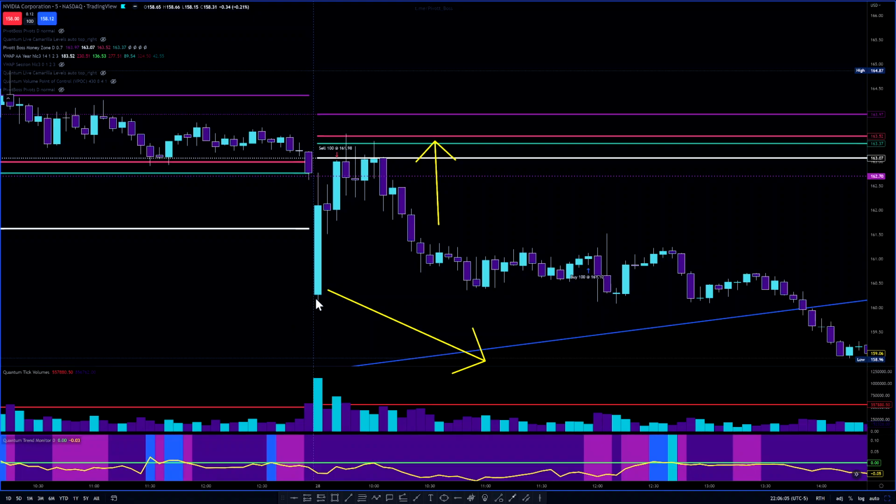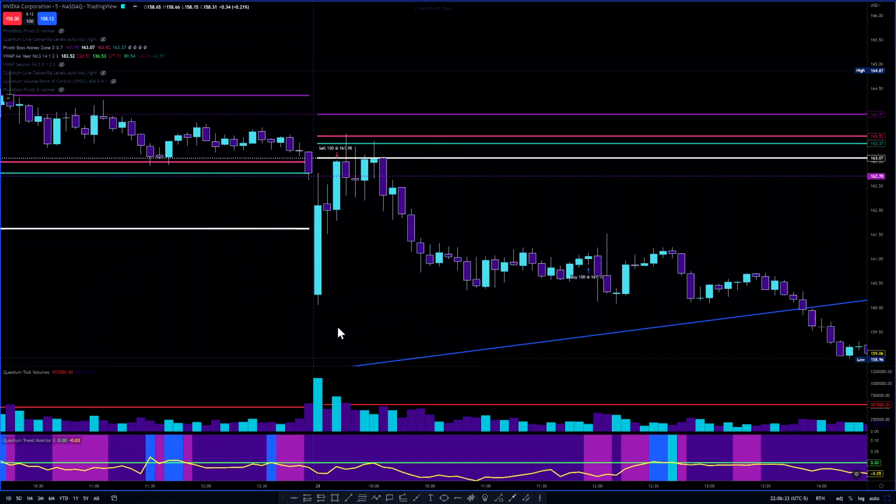When I say it opens out of value and out of range, meaning the open here is below prior day's value and it's opening outside of prior day's price range, right? You see we closed here yesterday, on Friday, and we're opening down here, right? So that's out of value and out of range.